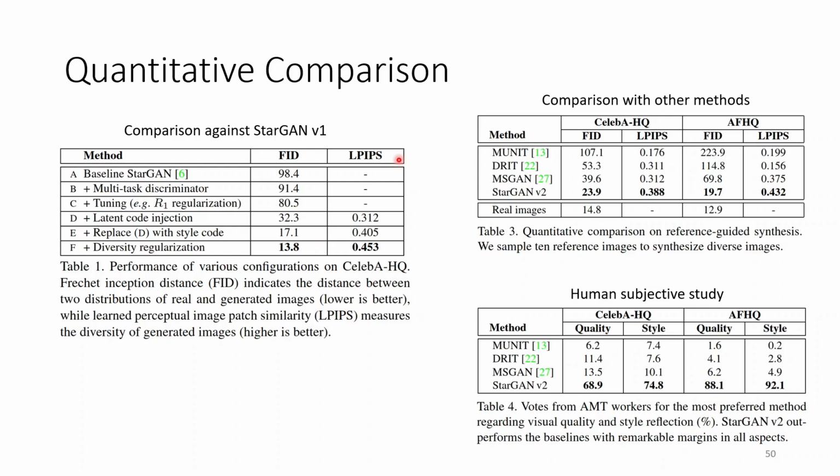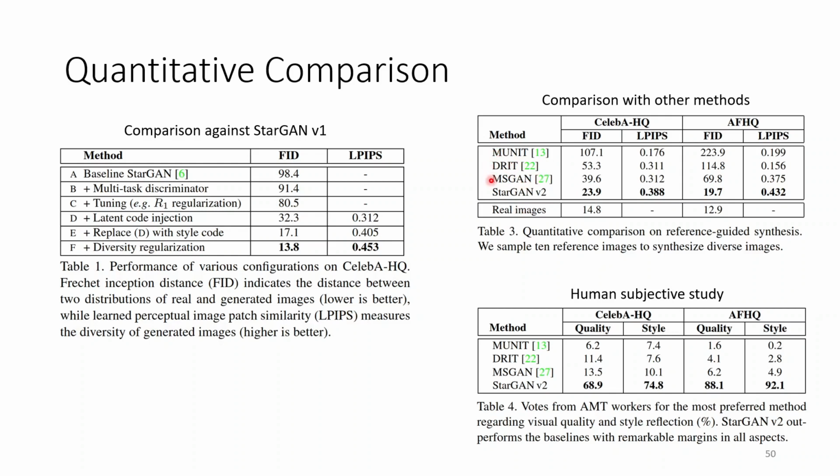A GAN should generate images belonging to the same group, but they look different. So LPIPS measures the differences between those images. The more variant, the larger the LPIPS value. So from this table, they want to show StarGAN V2 not only generates very realistic images, but also highly variant images.